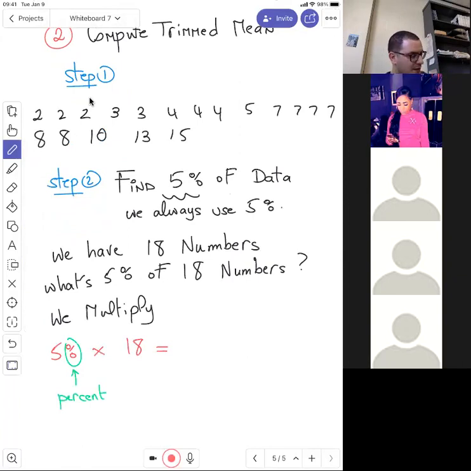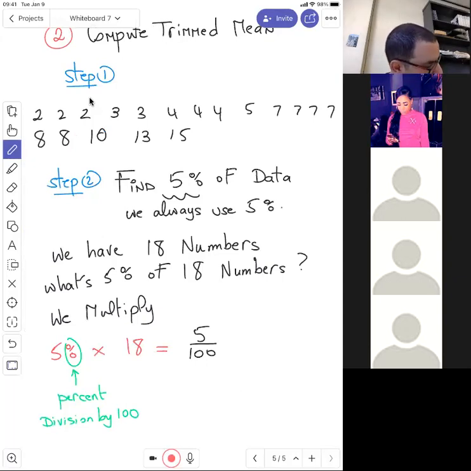So when you see this symbol, it means division by 100. So this 5% is like 5 over 100. That's exactly the same thing. When you say 5%, it means 5 over 100. That's all it means, okay?